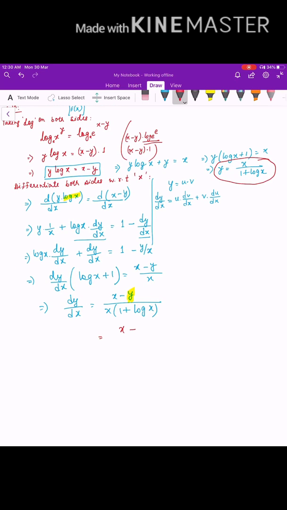So y is what? x by (1 plus log x). Upon x into (1 plus log x).